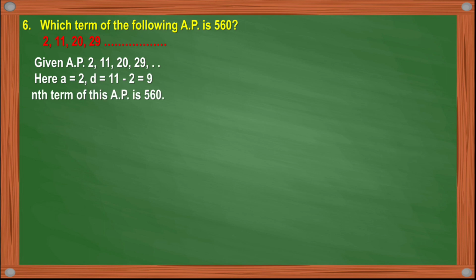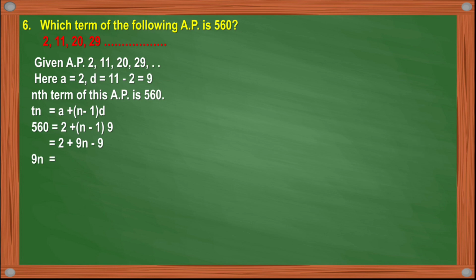Last term, nth term is 560. We have to calculate n. So Tn is equal to A plus n minus 1 D. 560 equal to 2 plus n minus 1 times 9. We have multiplied 9 by bracket n minus 1, 9n minus 9. So minus 9 will go on that side, it will become plus 9 and plus 2 will become minus 2.